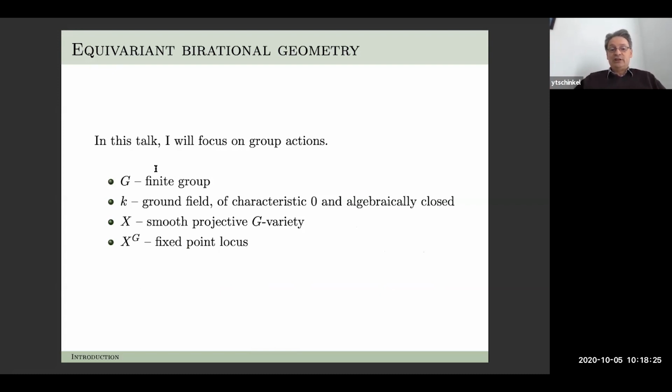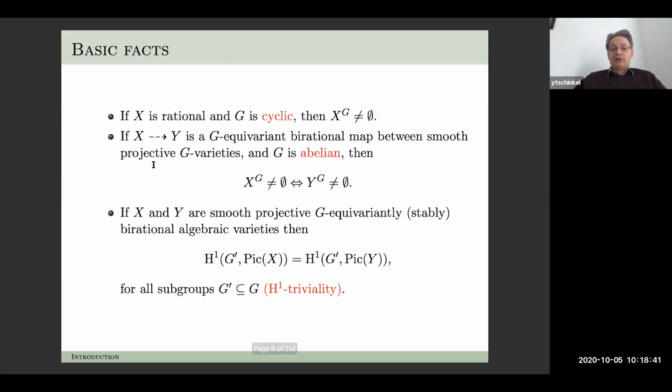So G is a finite group. We will work over an algebraically closed field of characteristic 0. We will have a smooth projective G-variety X, with regular G action, and look at the fixed point locus. So let me recall some basic facts about this situation.